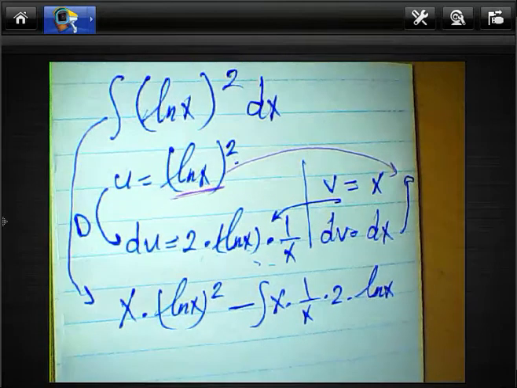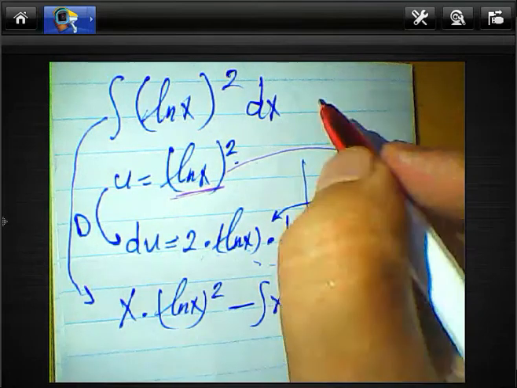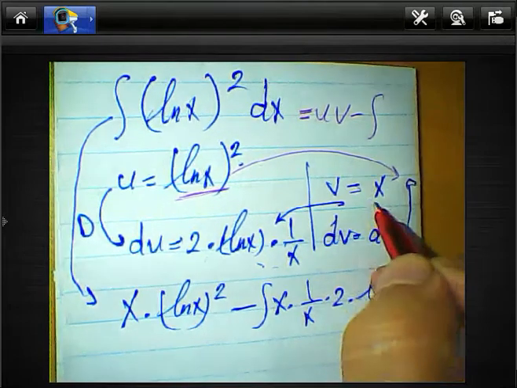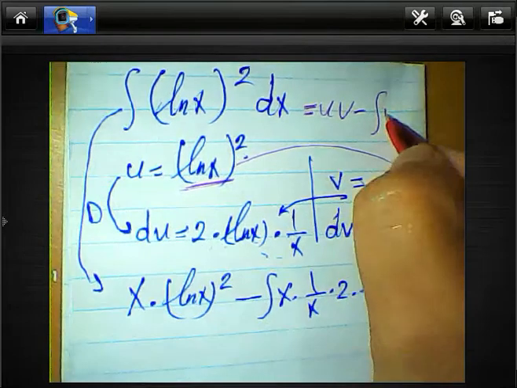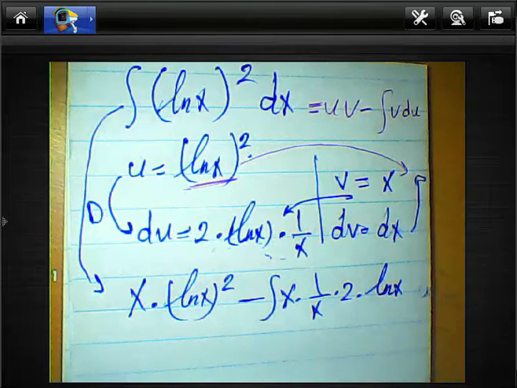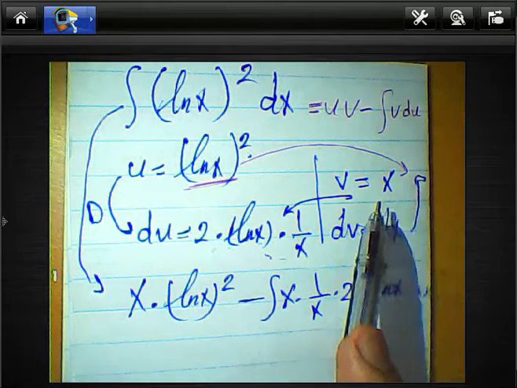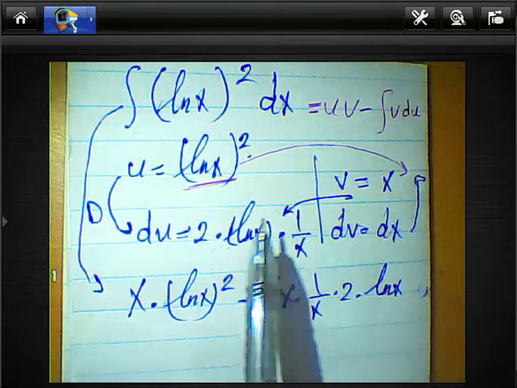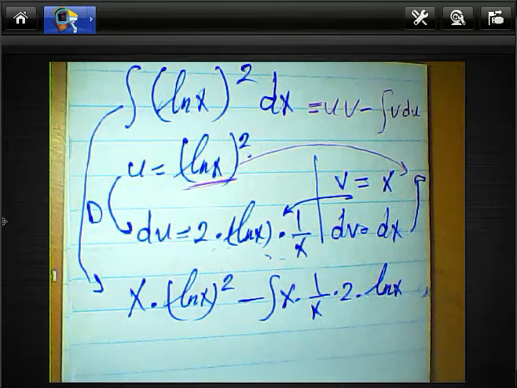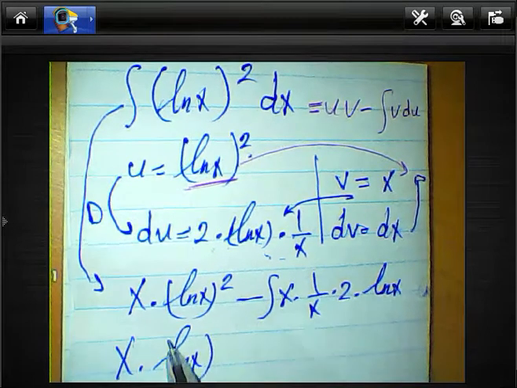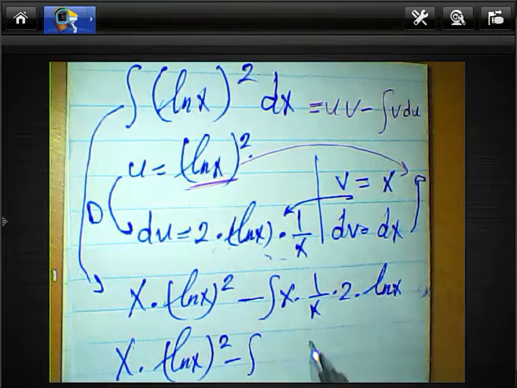Understood? Again, we use the uv method: u multiply v subtract integration of v du, and we can complete it. We can write x ln of x power 2 subtract integration of x.